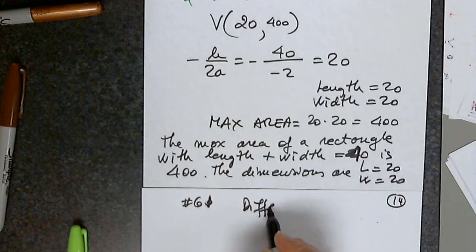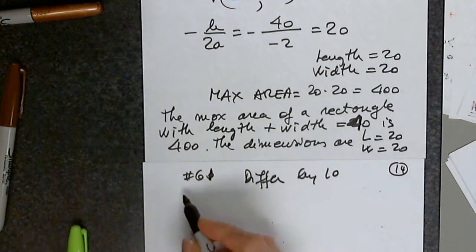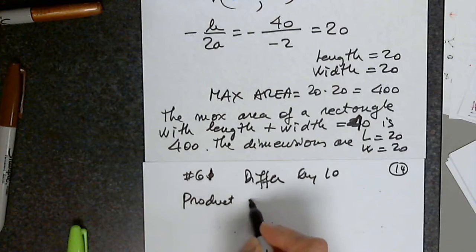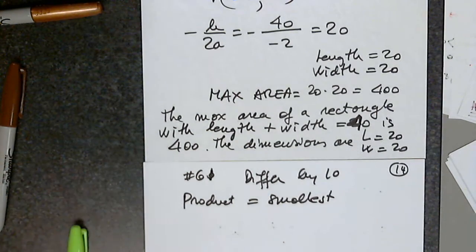They differ by 10, and whose product is as small as possible. Find two numbers whose difference is 10 and whose product is as small as possible.